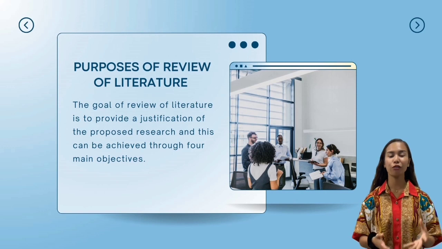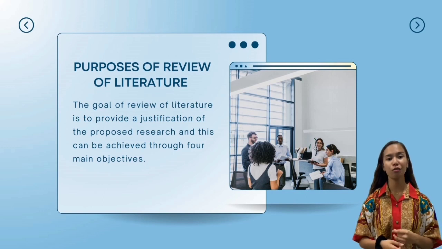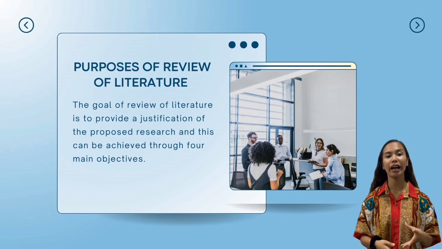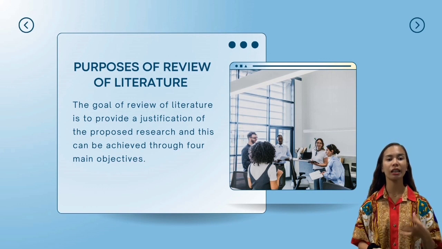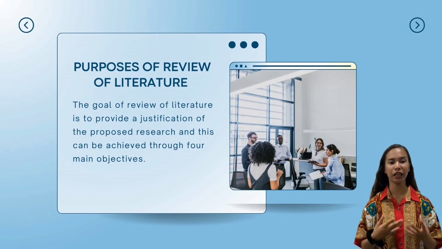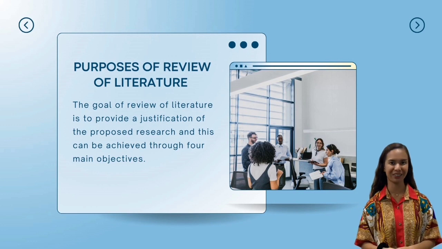Purposes of review of literature. The goal of review of literature is to provide the justification of the proposed research, and this can be achieved through four main objectives.